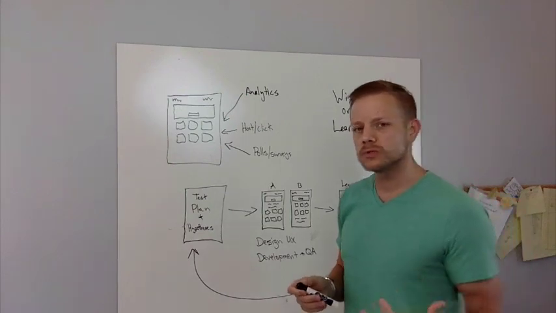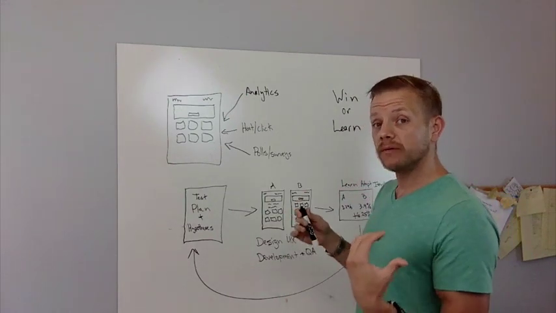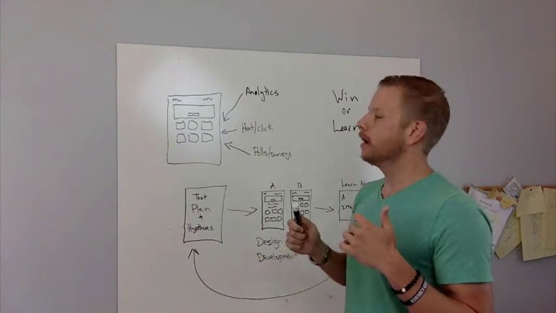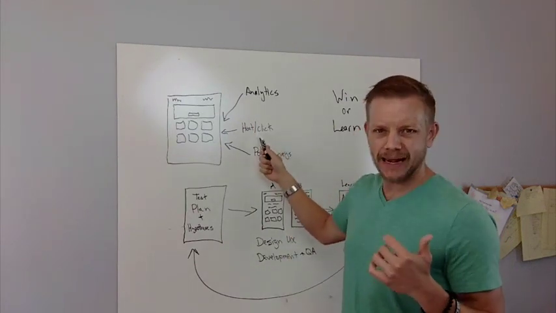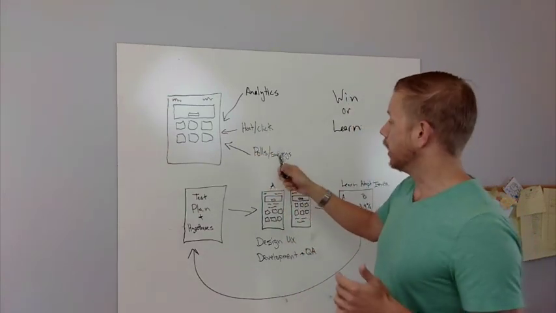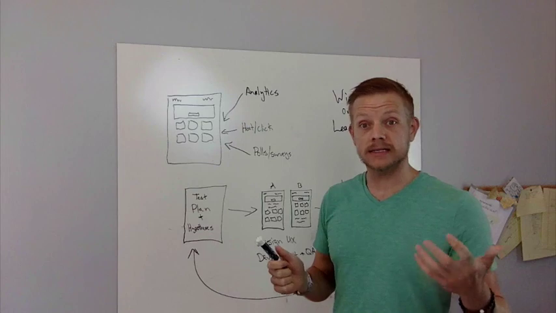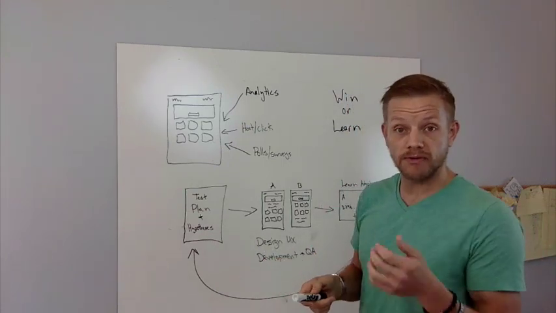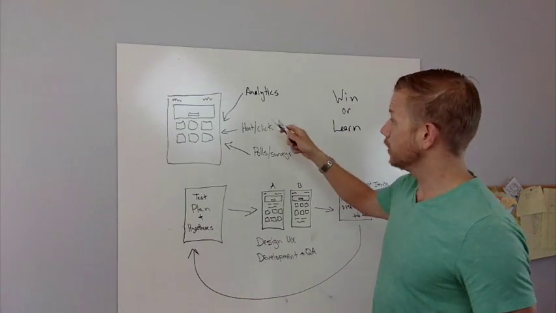And what we want to do is really just analyze all of that information to figure out what trends we're seeing in the analytics, what people are paying attention to and ignoring with the heat map and click maps, and then poll and survey the customers and ask them, why didn't you buy today? Or, what can we help you find? And we really just look for the trends.